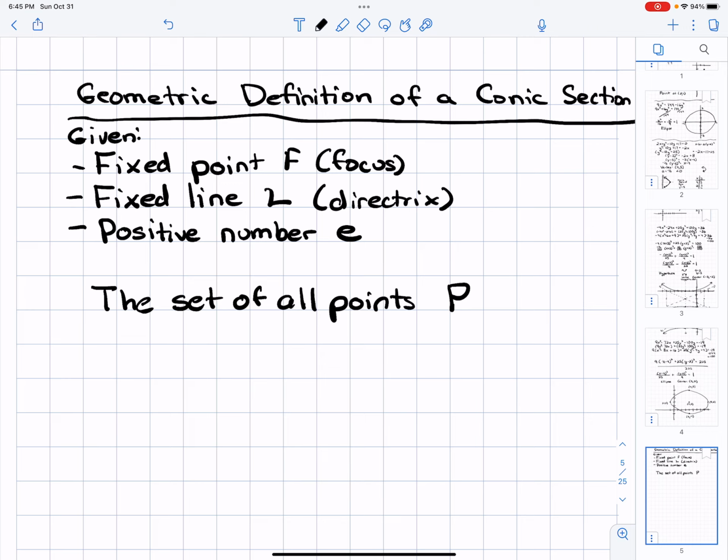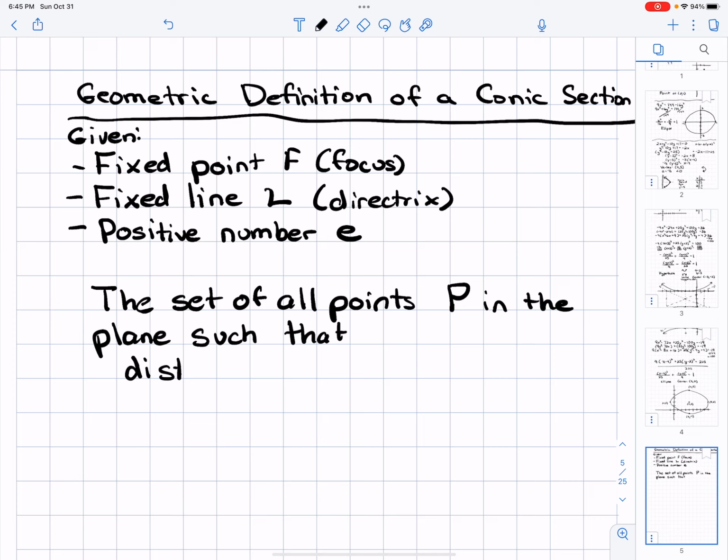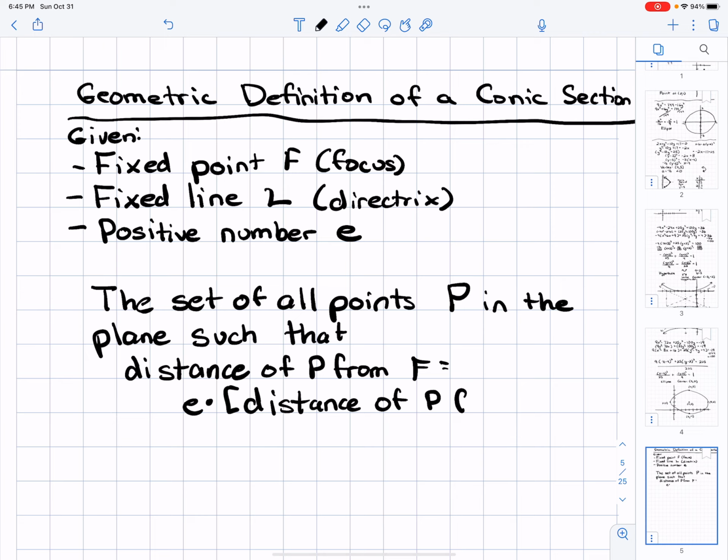So all those points that make up your conic section in the plane such that the distance of P from F, so distance of any point on your conic section from your focus, equals E times the distance of P from L. So you're looking at that ratio.